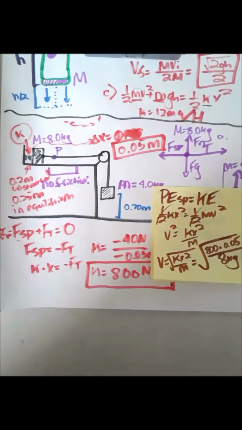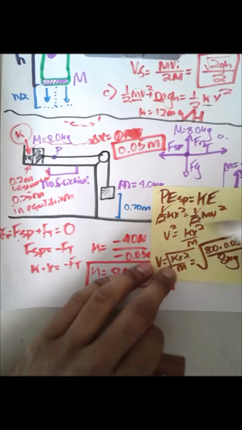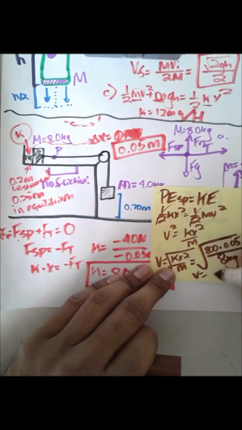Yeah, well, that's what I got. So let's go with it. v is equal to 2.2 meters per second.